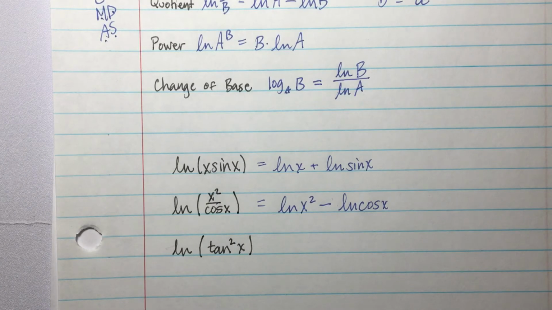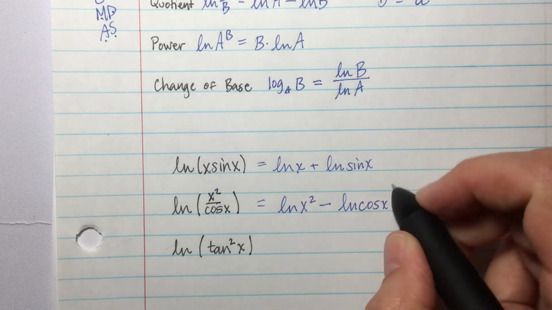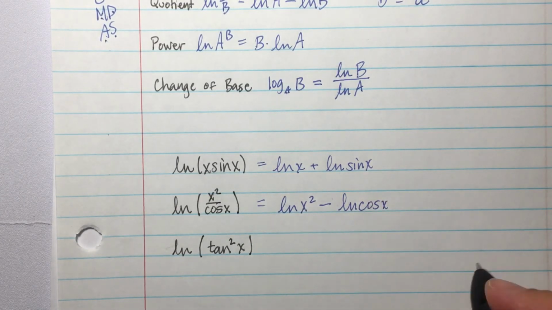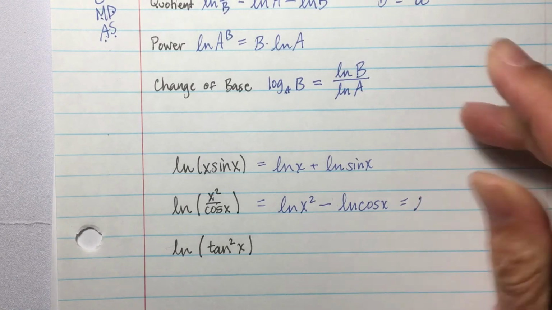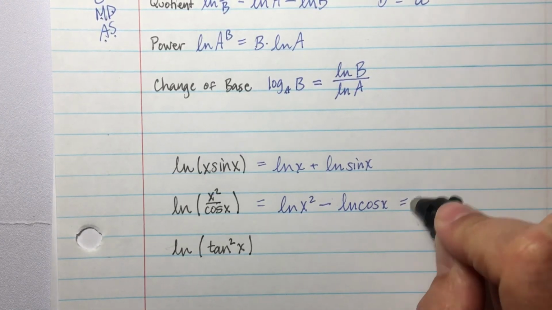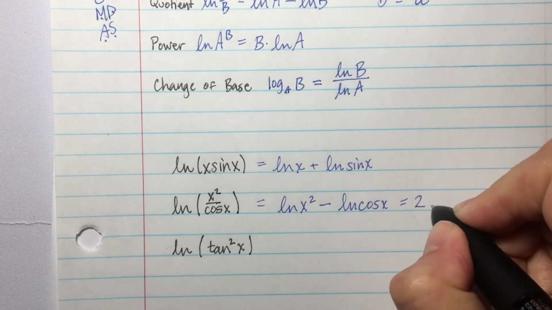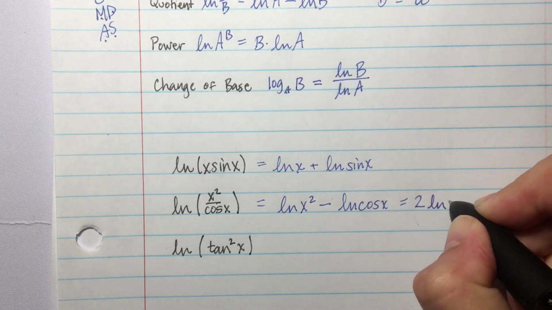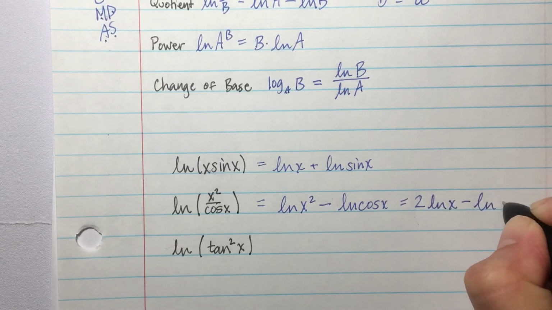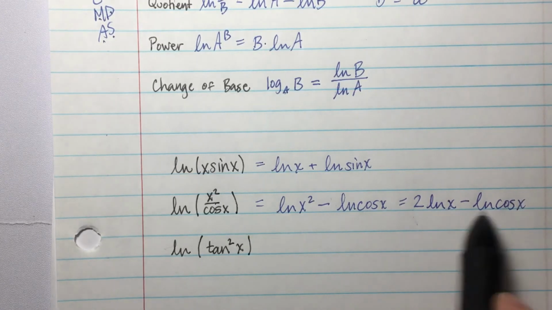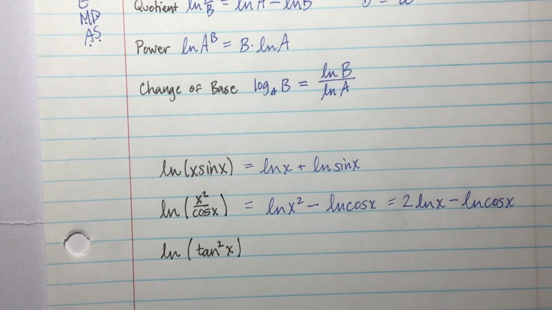If it helps you to understand what's going on, you do it. But looking at that, oh wait, we can use a power rule on that. So I have 2 natural log x minus natural log cosine x, because that's as simple as we can make things. Believe it or not, that's simpler.